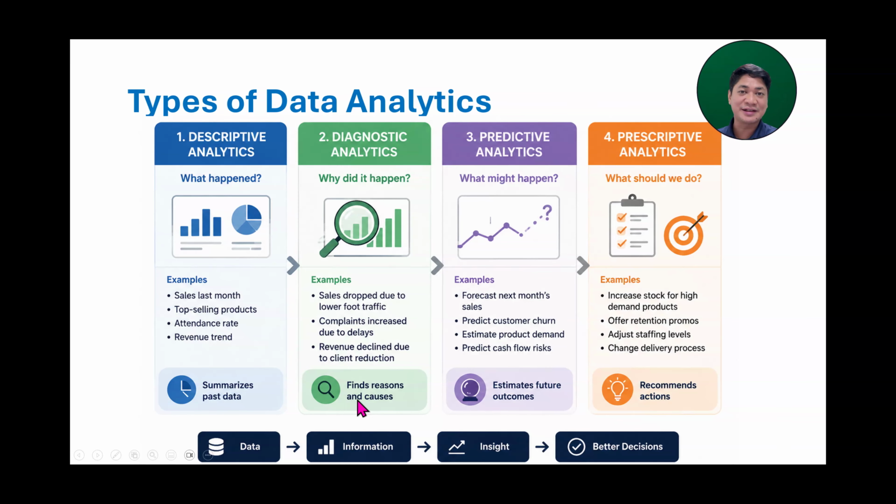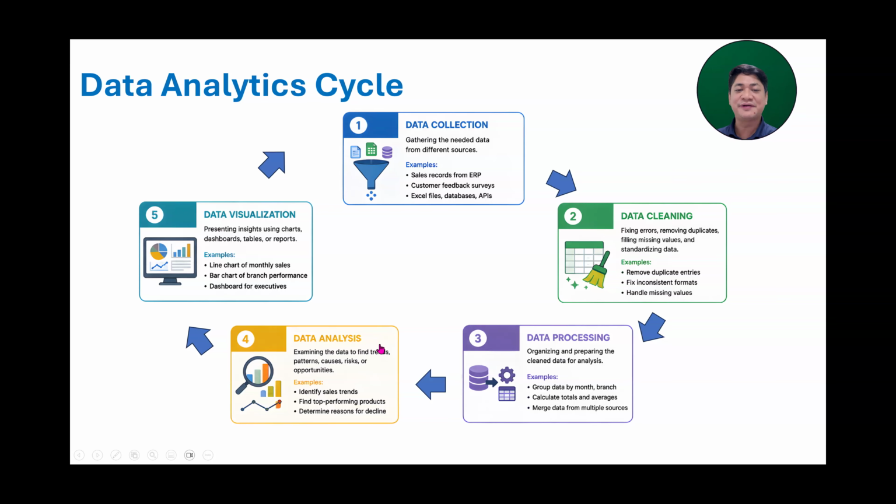So data transformed to information, you will then transform it into an insight, either using a chart or a table or a diagram. And then after that, you will now make decisions out of your findings, out of your visuals, out of your tables. Now, there are different stages of data analytics.